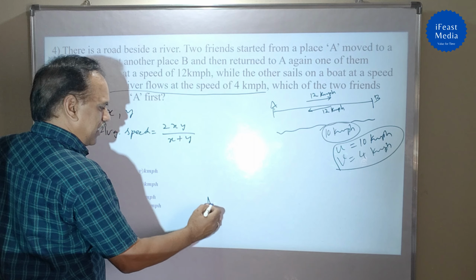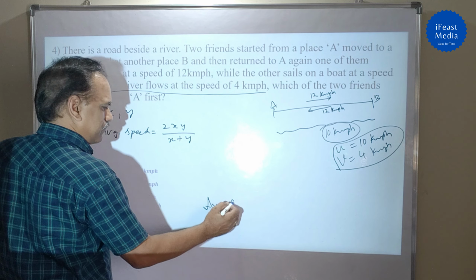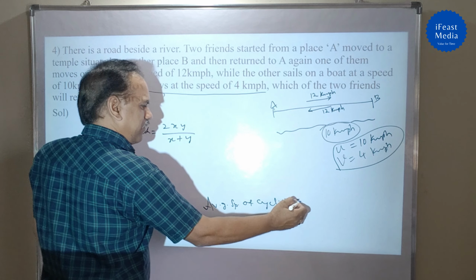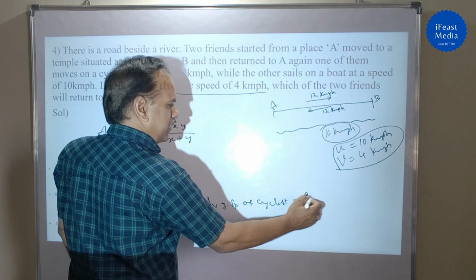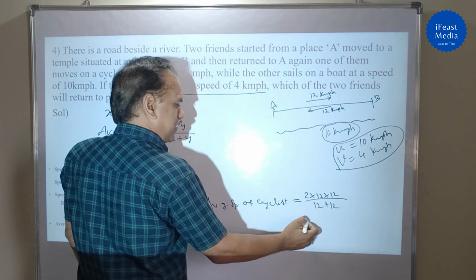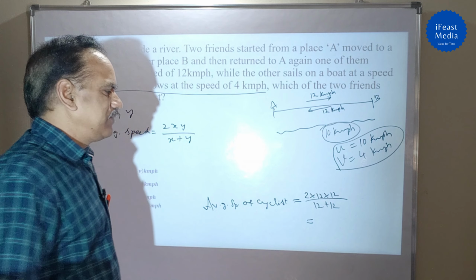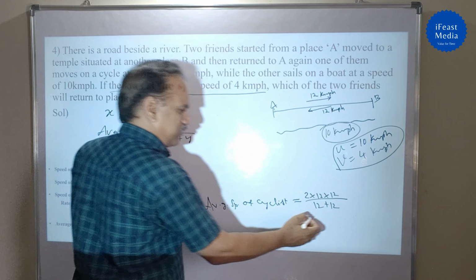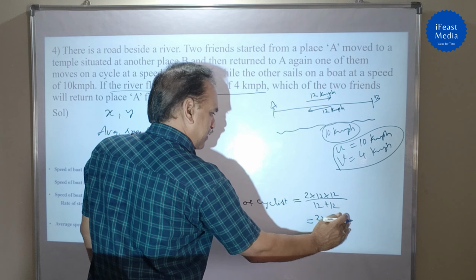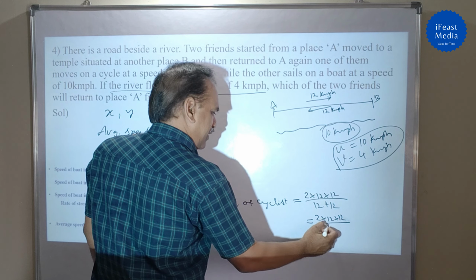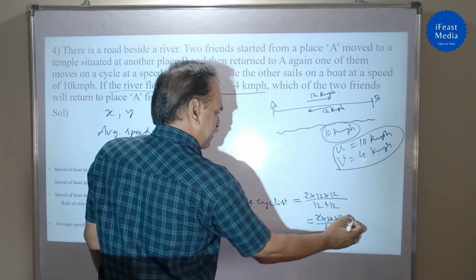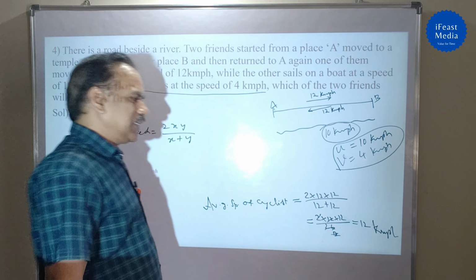Then the average speed of the cyclist must be 2 into 12 into 12 by (12 plus 12), because in both directions he maintains the same speed. That we have to assume. So 2 into 12 into 12 by 24, the 2 times 2 gets cancelled, giving 12. The average speed of the cyclist is 12 kmph.